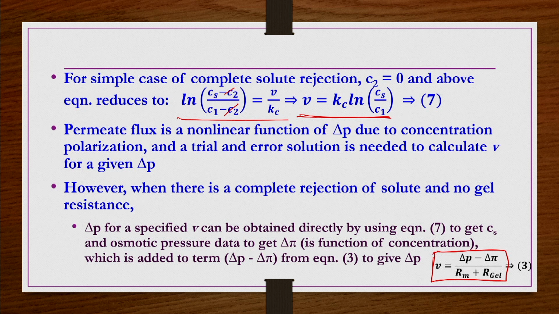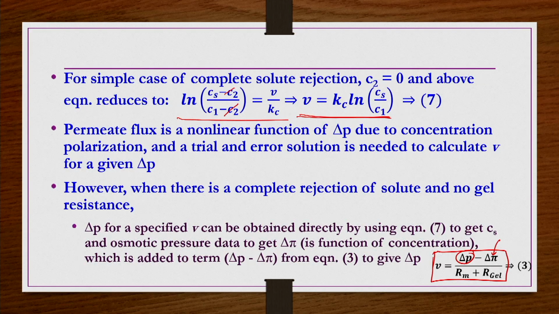So for that you need to know delta pi also. If you want to calculate how much delta P is required for a specified permeate flux, let us say 0.001 liter per meter square hour, using an ultrafiltration membrane, then how much delta P should you apply?